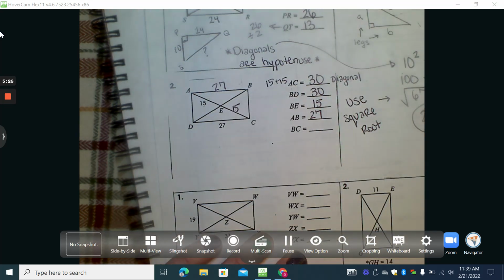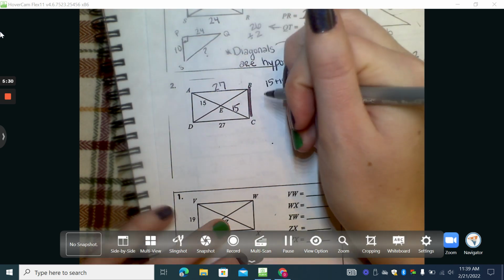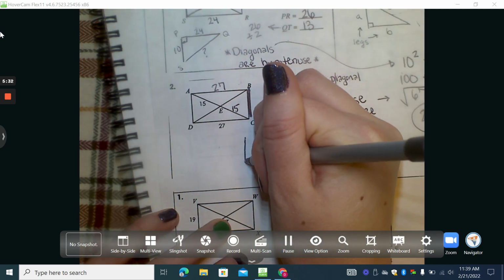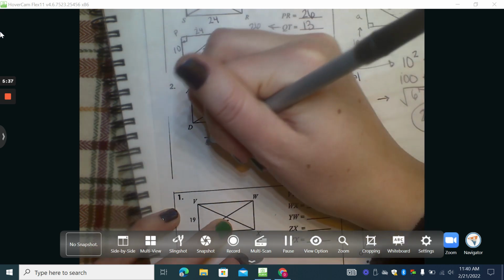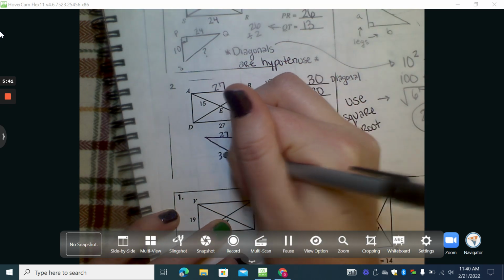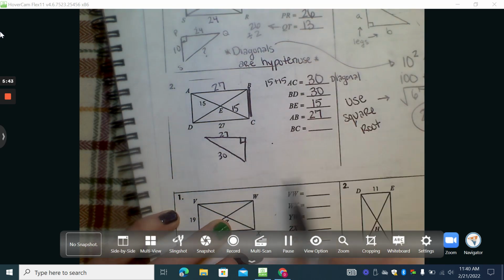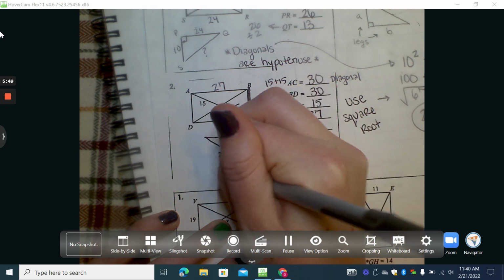The piece that I don't know and I'm going to have a harder time with is this side, BC. Let's draw this out a little bit. BC is over here. AB is 27. And my diagonal right here is 30. So I know this leg is 27, my diagonal is 30, and I don't know what this side is.